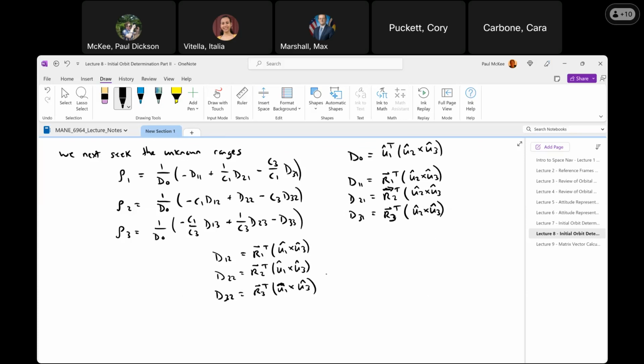You'll never guess what's coming next. It's D13, R1 transpose U1 cross U2. If you're wondering, I'm having just as much fun as you are right now. D23 is R2 transpose U1 cross U2. Finally, D33 is R3 transpose U1 cross U2.